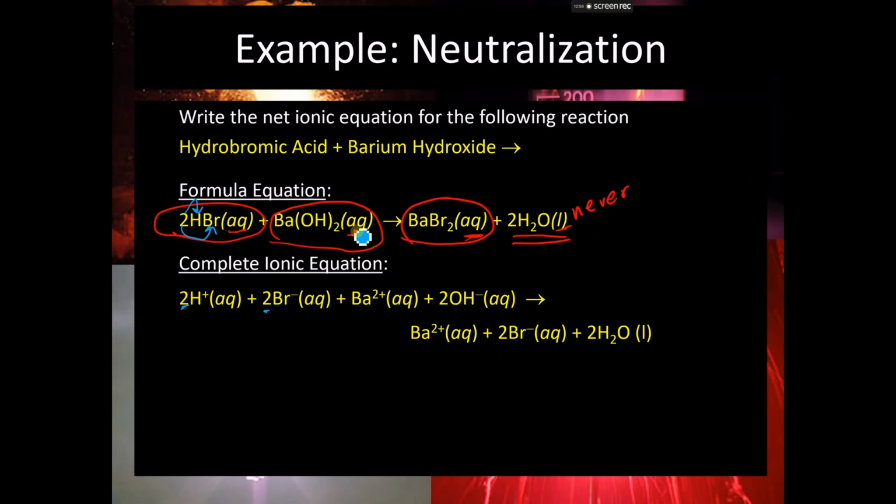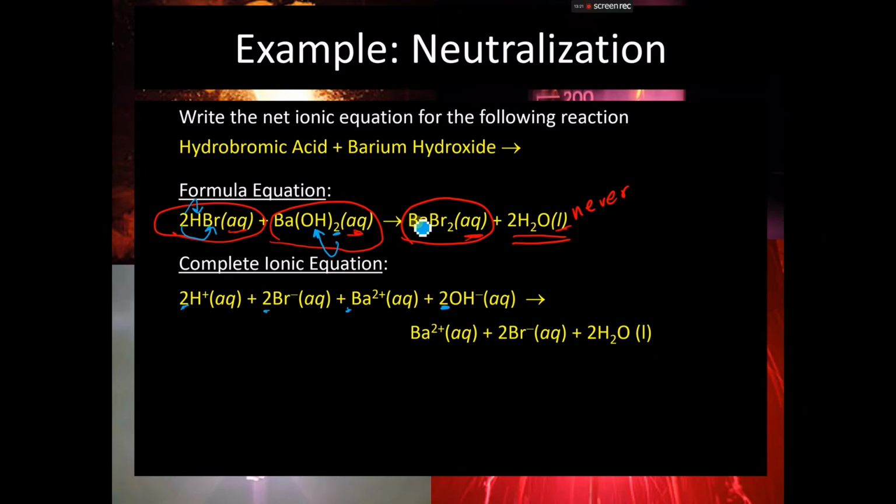In the barium hydroxide, the 2 on the hydroxide only gets given to the hydroxide ion, which is why the hydroxide here in the complete ionic equation is 2OH- aqueous, but the barium is only 1. There is no coefficient, because that 2, since it's a subscript, not a coefficient, only goes to the hydroxide.